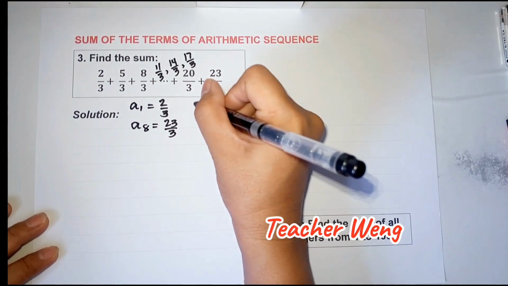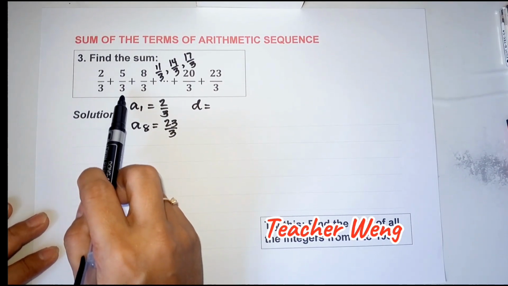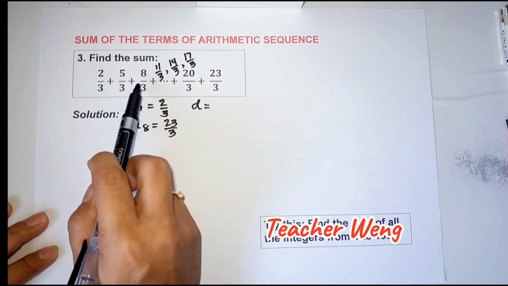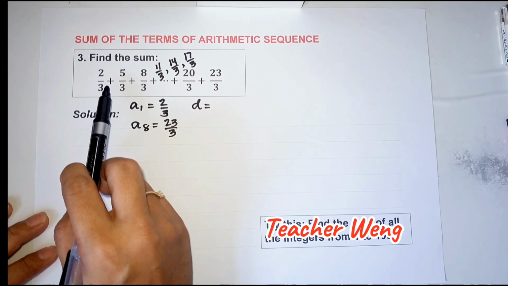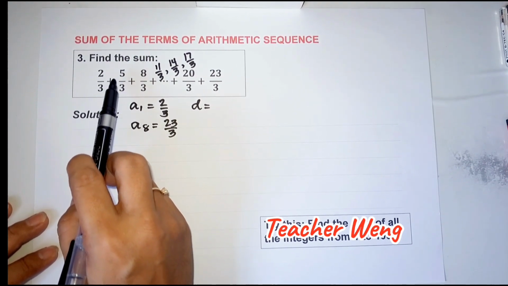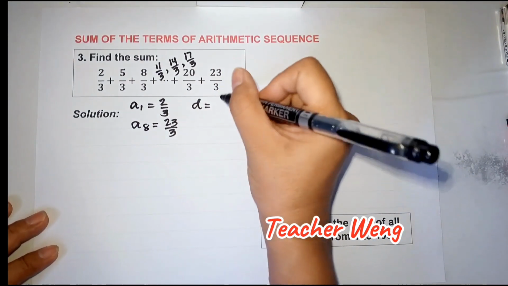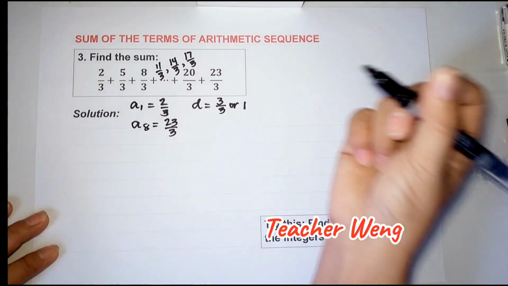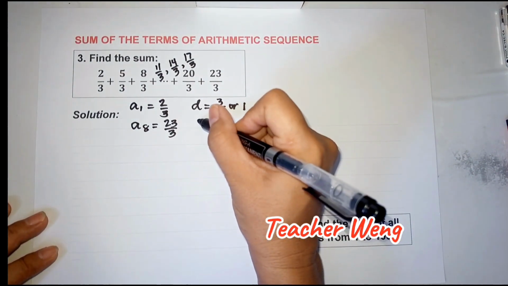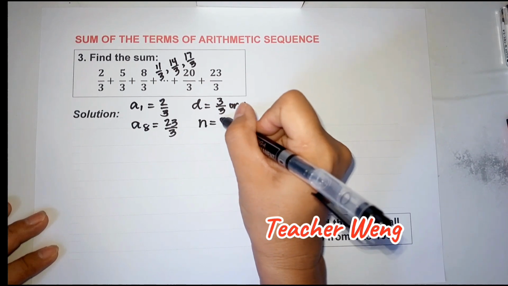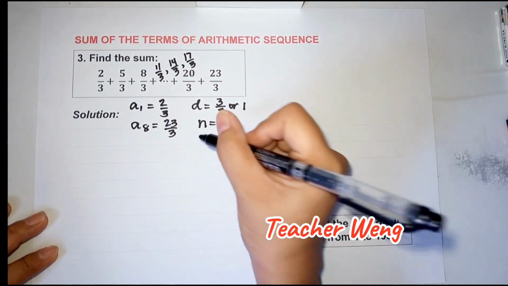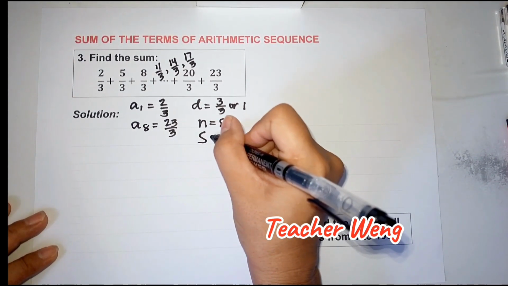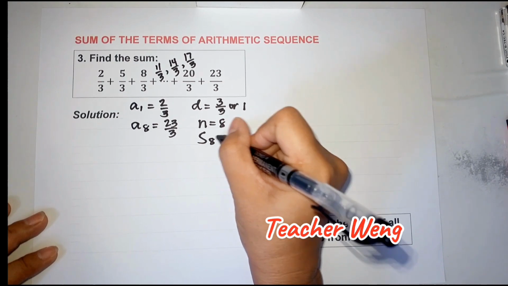The denominator is not changing, but the numerator increases by 3. That means that we are constantly adding 3 over 3, or simply 1. Again, we have 8 terms. N is equal to 8. And the question is, what is the sum of these 8 terms?